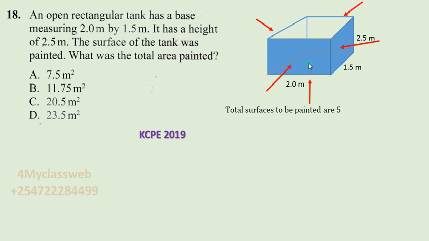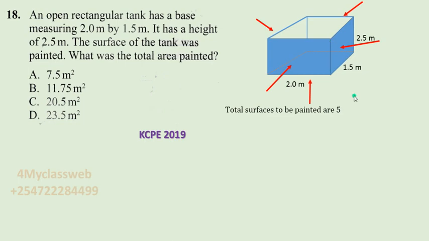So the first surface which is here has dimension 2 meters by 2.5 meters. Remember, this 2.5 meters is because this dimension here is equivalent to that one.